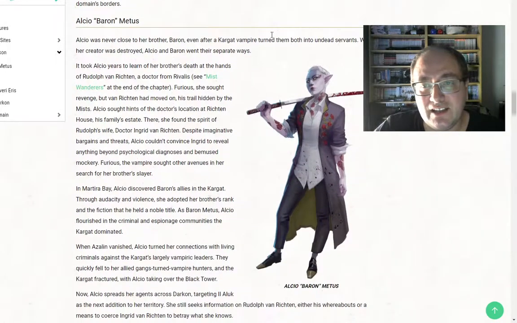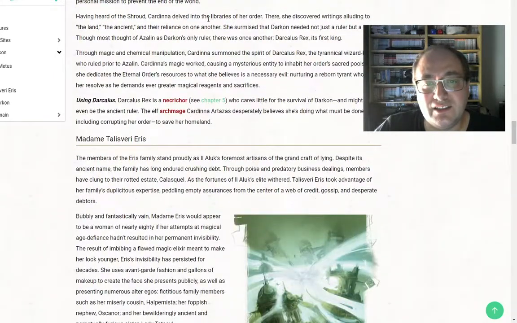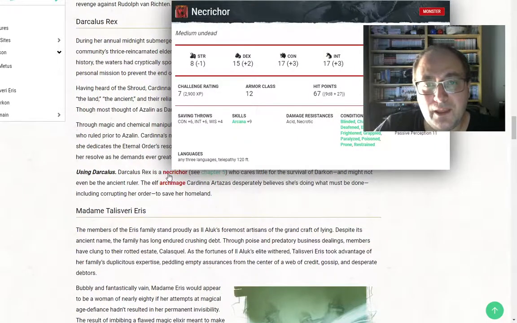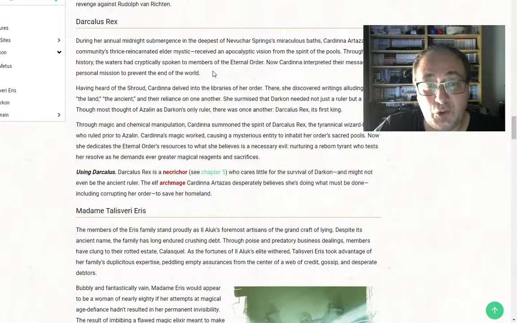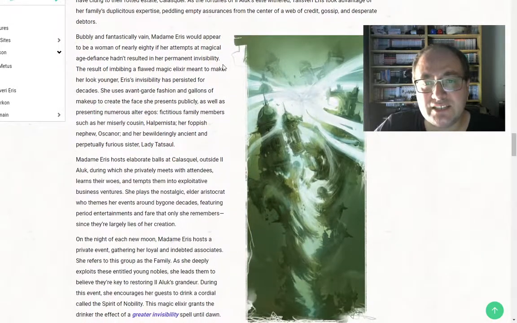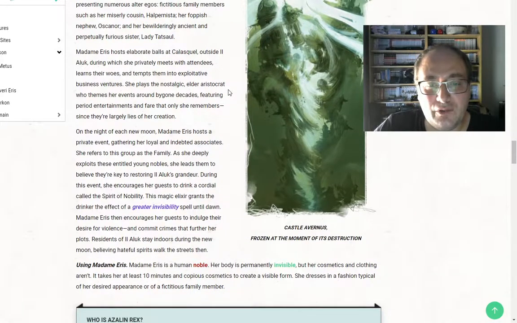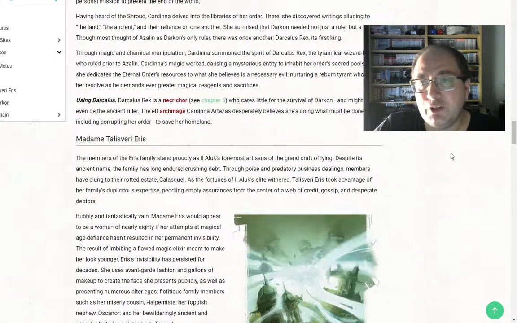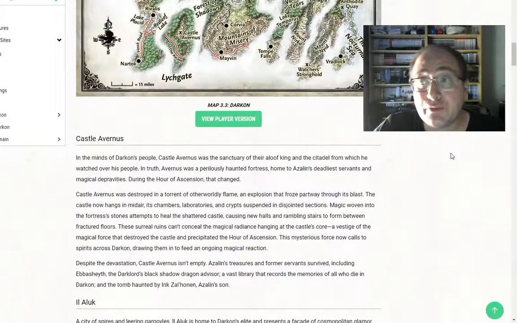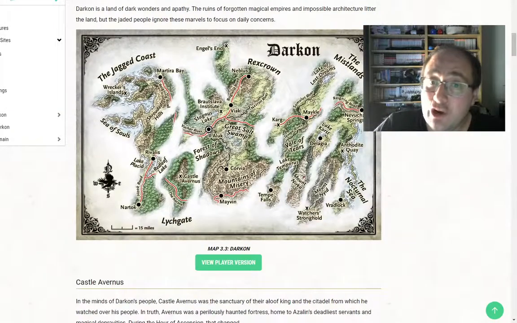You've got this vampire, you've got this Necrocore, basically an undead ooze, like a wizard who got turned into an evil ooze, and you've got this scheming, conniving noblewoman who is much more than she appears. So you could have a political campaign about which of these three terrible villains should become the next Dark Lord of Darkon.